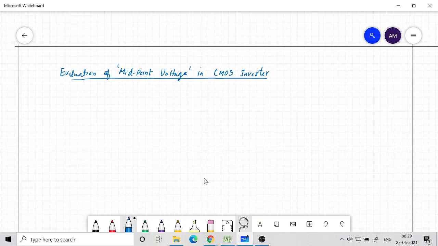So if you go back to our voltage transfer characteristics, so let me plot V in versus V out. Okay, and we looked at various ranges.